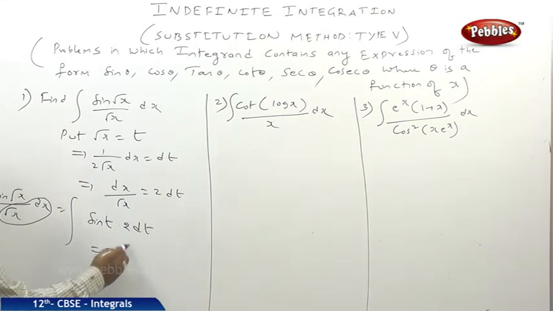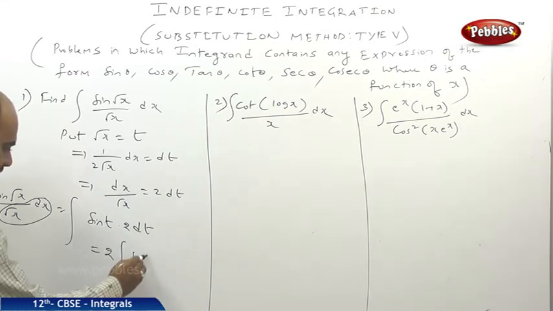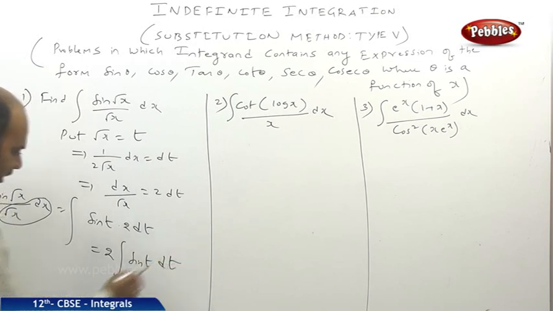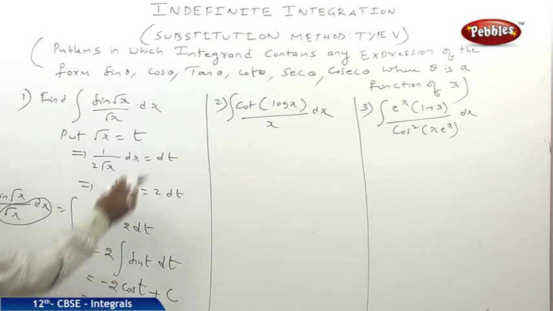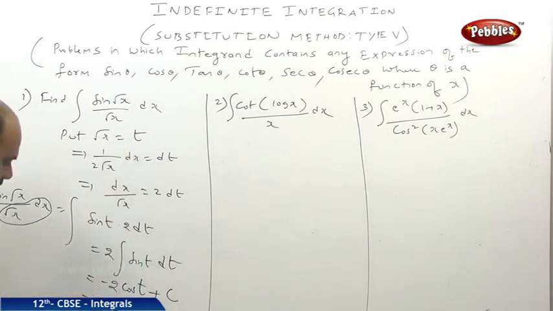So 2 into the integral of sin t dt. The integral of sin t is minus cos t. So minus 2 into cos t plus c. But t we considered as root x. So what happens? Minus 2 cos root x plus c. This is our required answer.